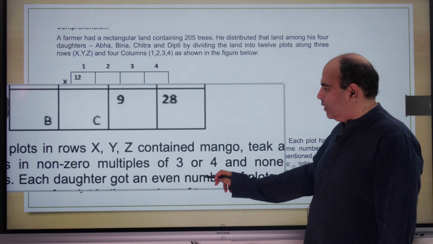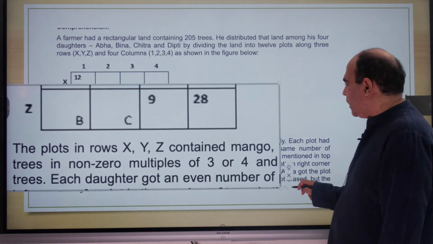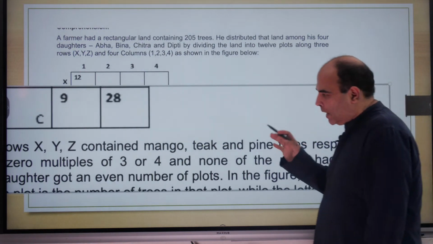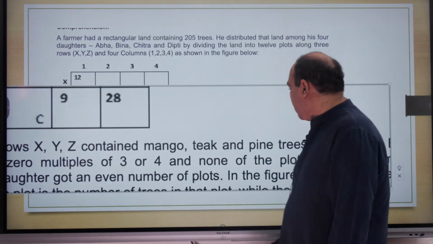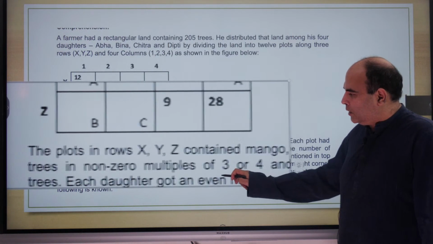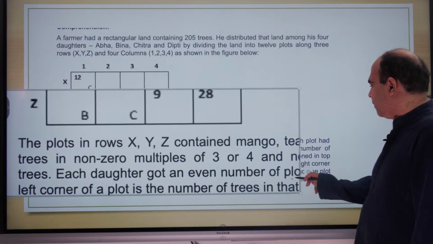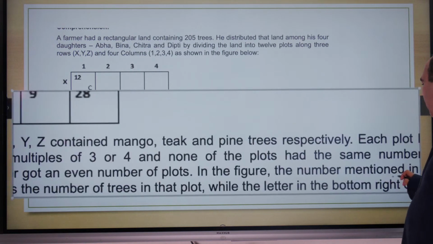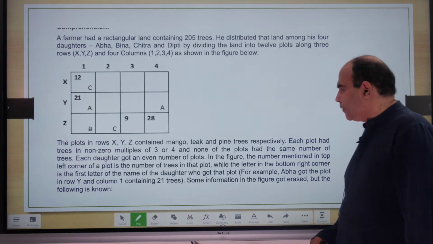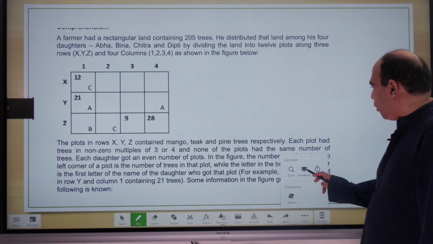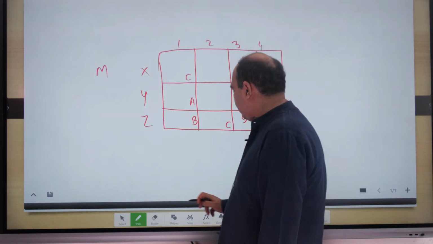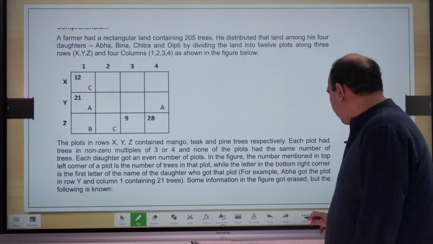The further information given is that the plots in rows X, Y, Z contain mango, teak and pine trees respectively, and each plot had trees in non-zero multiples of 3 or 4, and none of the plots had the same number of trees. So three things here. One, the rows X, Y, Z contain mango, teak and pine trees.